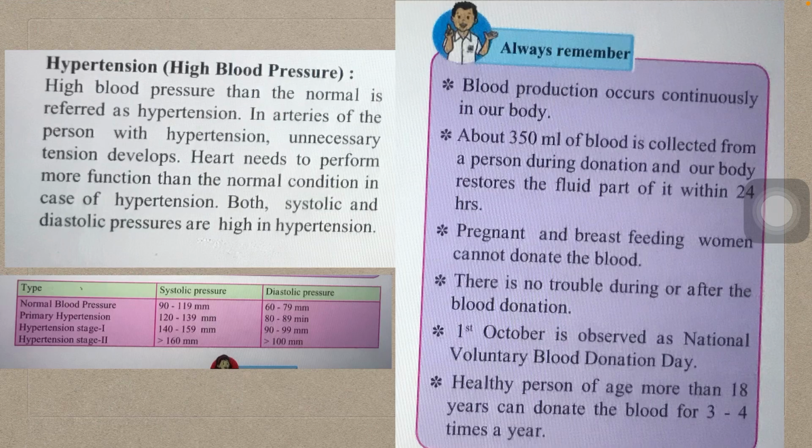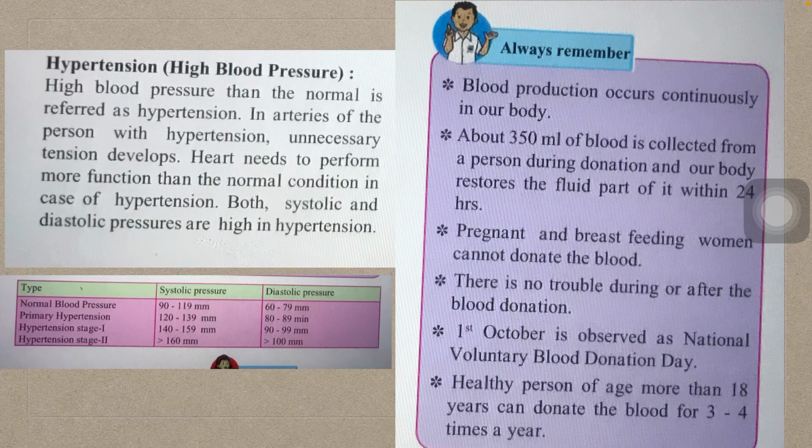Now, as you can see here, normal blood pressure in systolic pressure should be 90 to 119 mm. Diastolic pressure should be 60 to 79 mm. Prehypertension will be 120 to 139 mm in systolic, and in diastolic will be 80 to 89 mm.